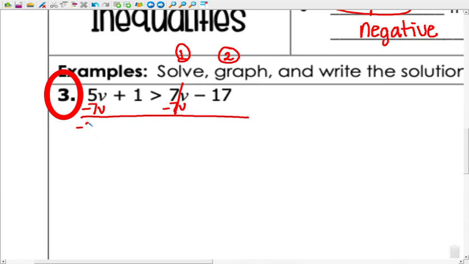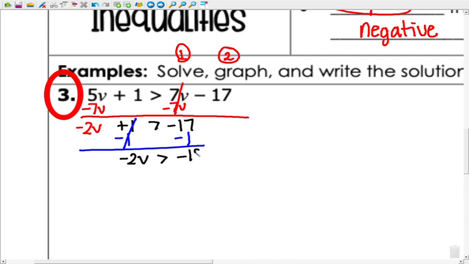That gives me negative 2v, and I need to bring down the rest. Now I need to subtract my 1. I have negative 2v is greater than negative 18.